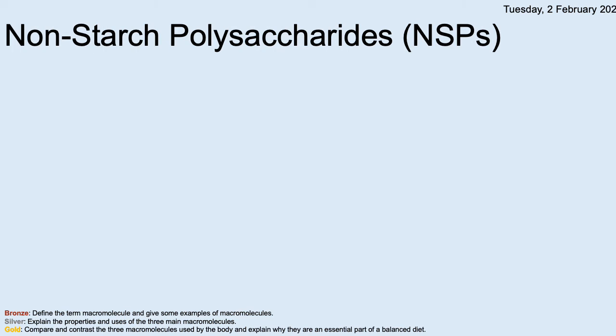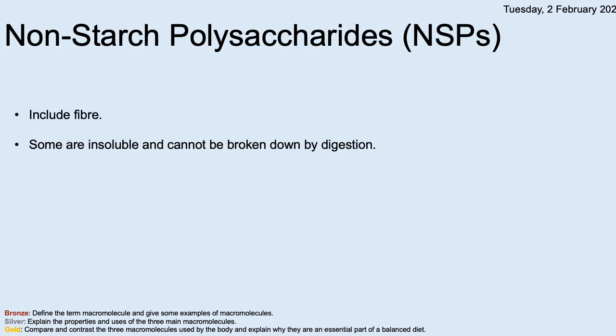So let's look, very briefly, at non-starch polysaccharides, which are NSPs. These include fibre molecules. Fibre molecules are mainly insoluble, and they can't be broken down by digestion. That is why it is recommended in our diets that we eat a lot of fibre, because it helps everything pass through naturally.